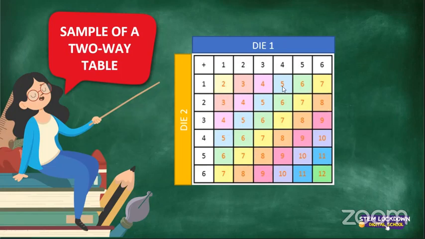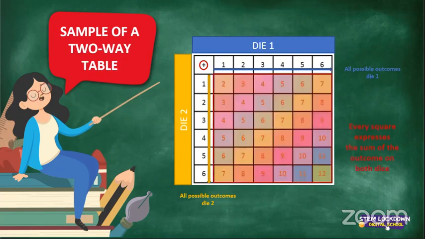So what is that? There we go, it's the total of the numbers. Right, we have all the possible outcomes for die 1. Down, we have all the possible outcomes for die 2. But up in the little corner, it shows us plus. So every square expresses the sum of the outcome on both dice.